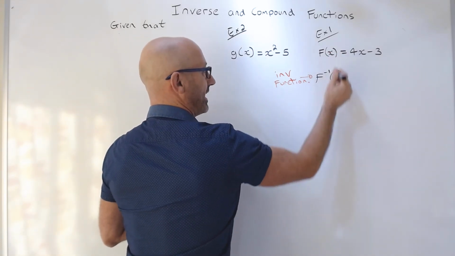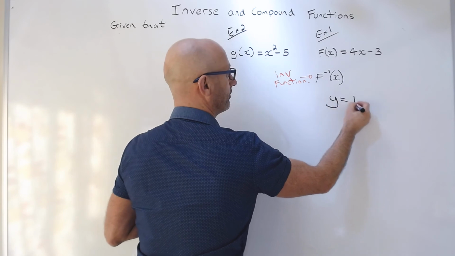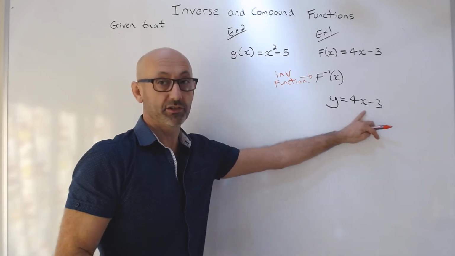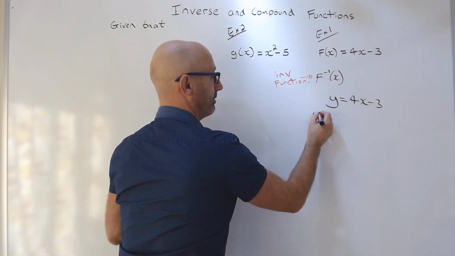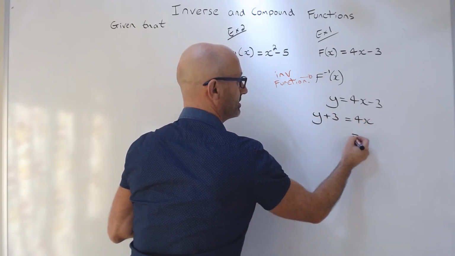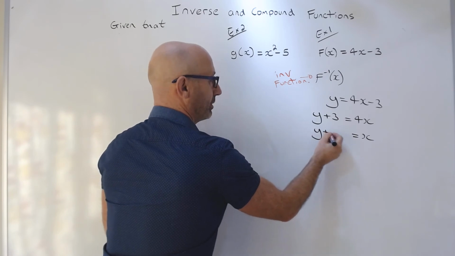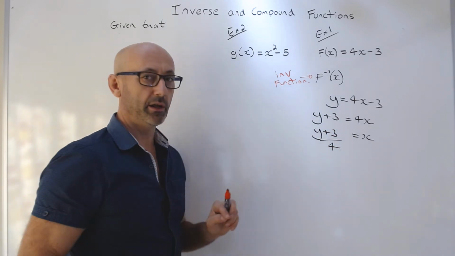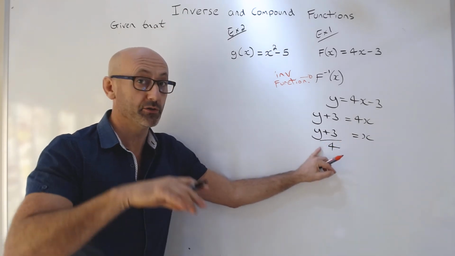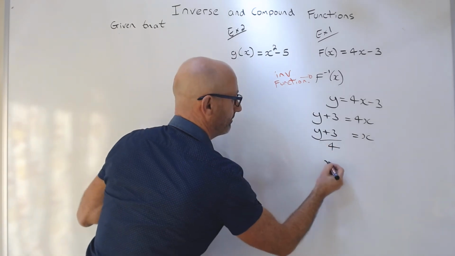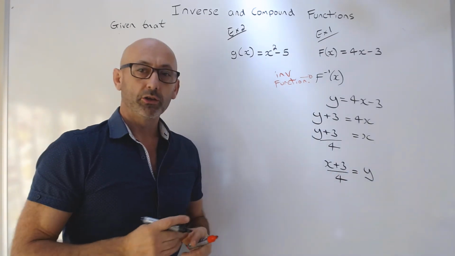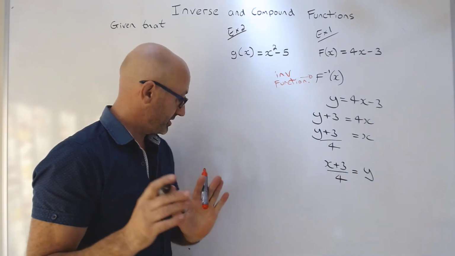if we call f(x) y, and then we make x the subject, so we're going to go, I know you can do this, Nina, y plus 3 equals 4x. So x is y plus 3 divided by 4, okay? And then, having made x the subject, if you swap the x and y, you pretty much have your answer, okay?